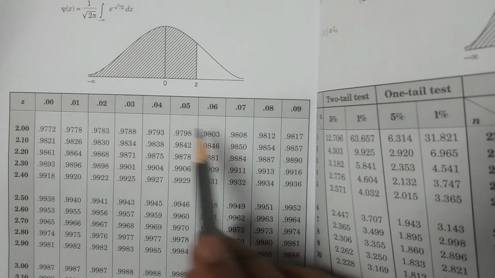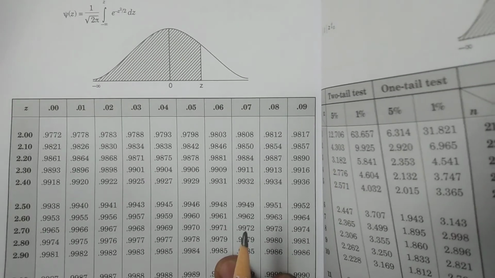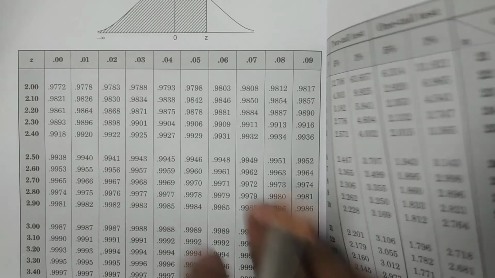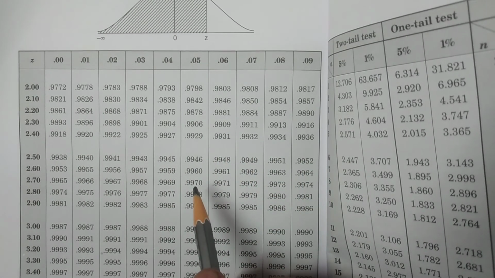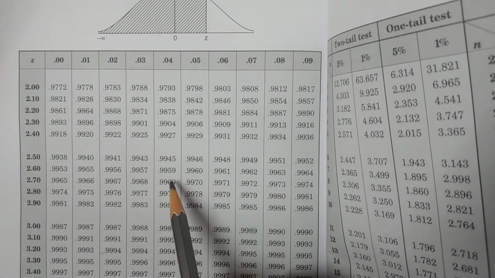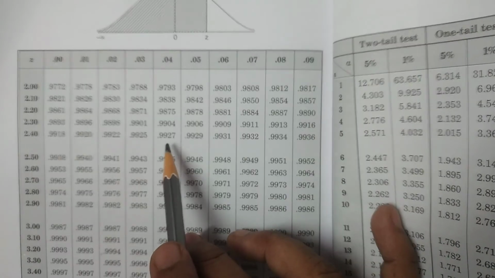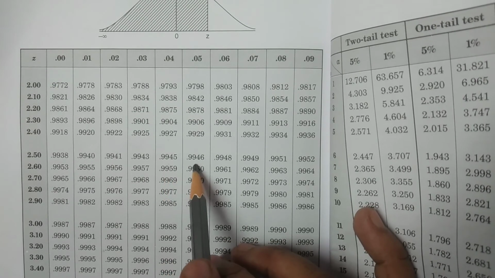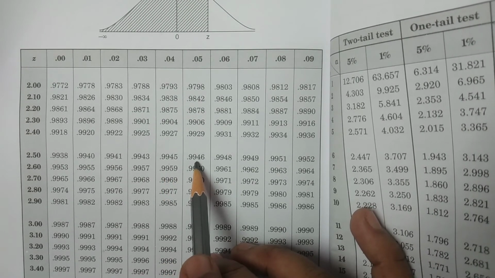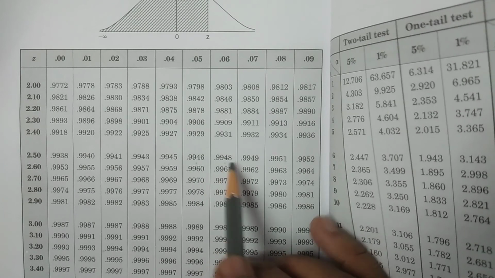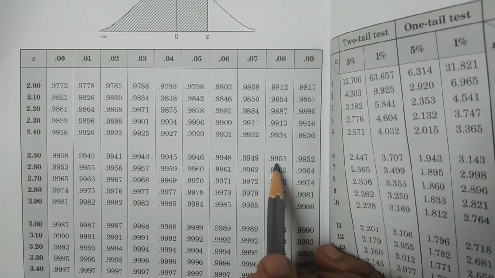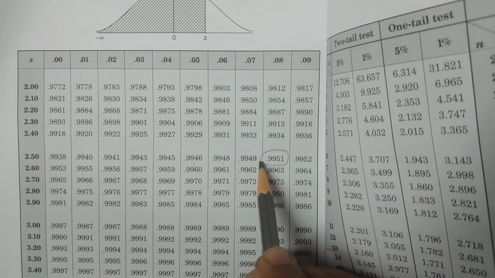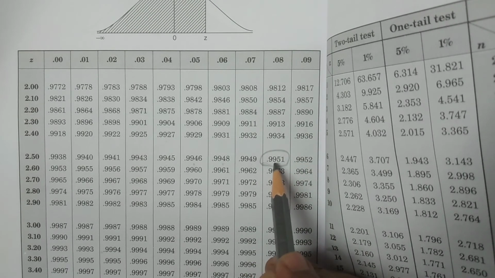We have to see where the probability 0.995 is. Now see properly, where is the probability 0.995. See here, this is 0.9927, 9945, 9946, 9948, 49, 9951. So it is a very near value: 0.995, 0.9951.